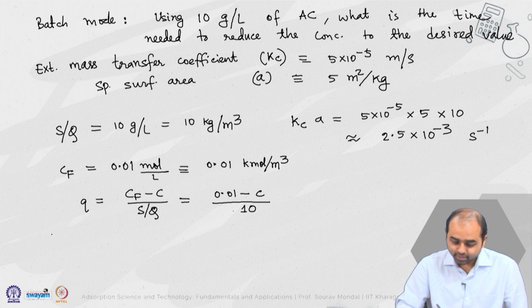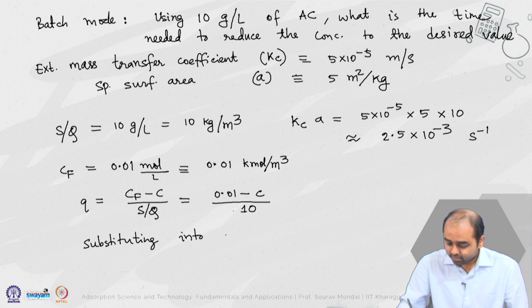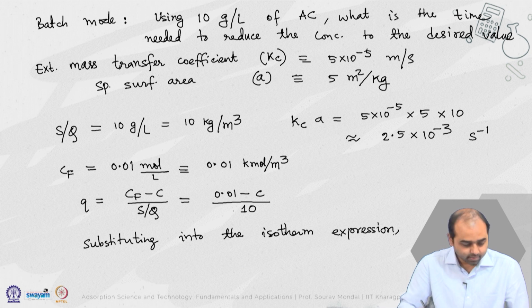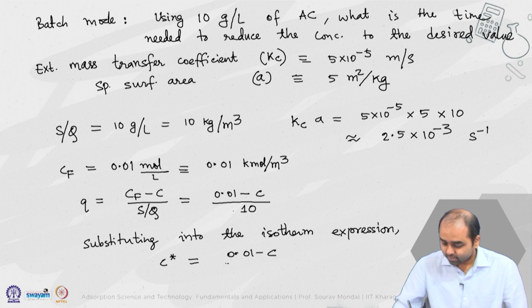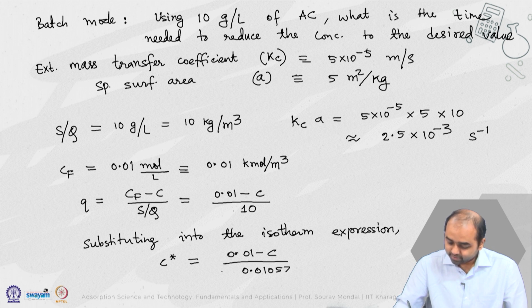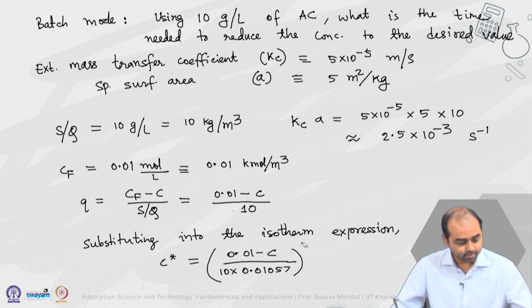Now if this is substituted into the isotherm expression, we can get C star as 0.01057 multiplied with this value to the power 4.35.